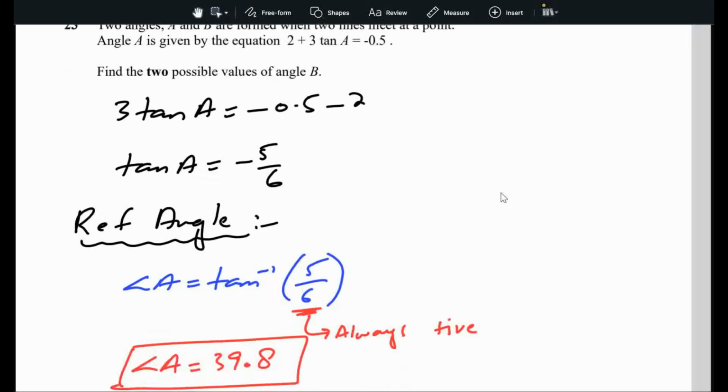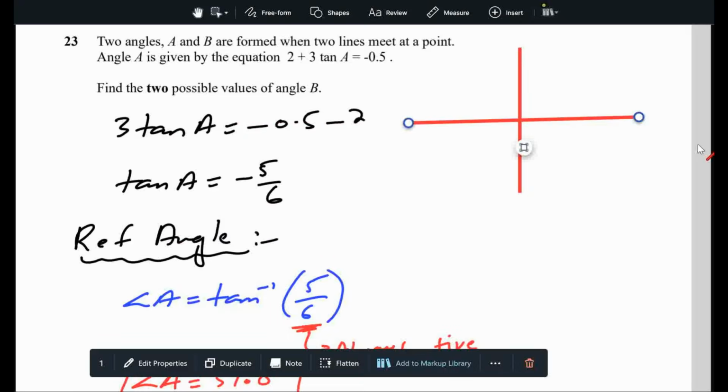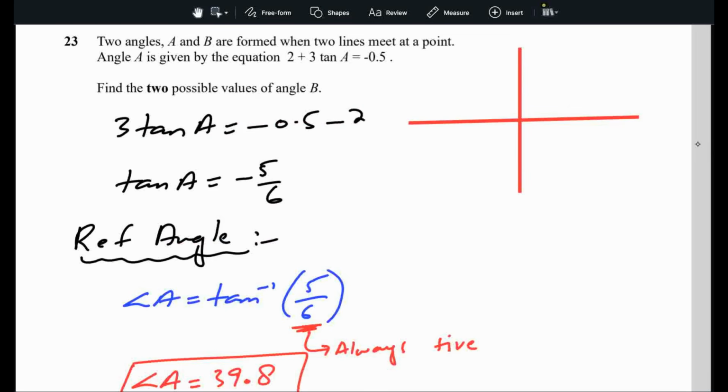Now we have to apply CAST. For CAST, we draw a horizontal and a vertical line, giving us 4 quadrants. CAST means we give each quadrant a name: in one quadrant all are positive, in another sine is positive, in another tan is positive, and in another cos is positive.